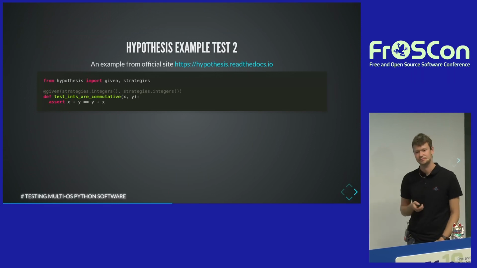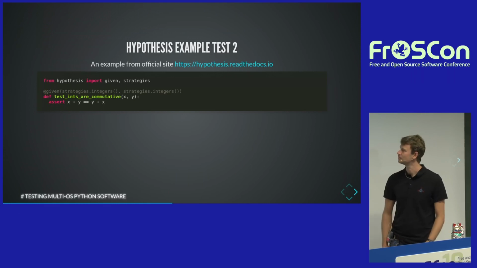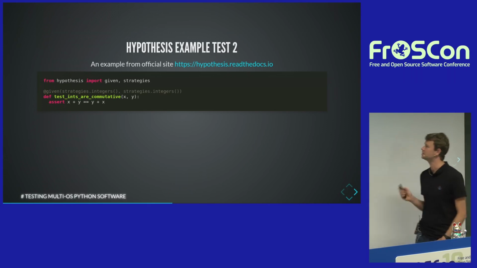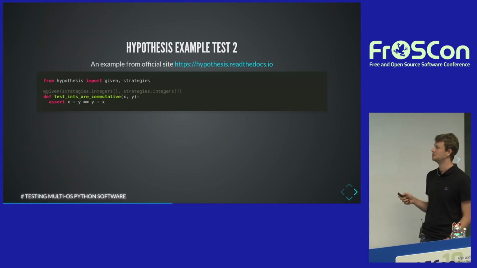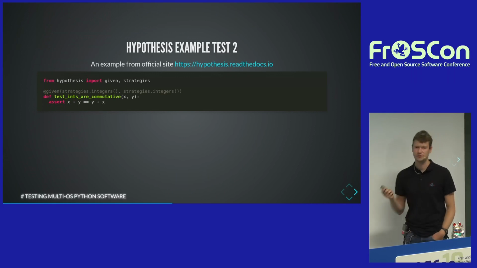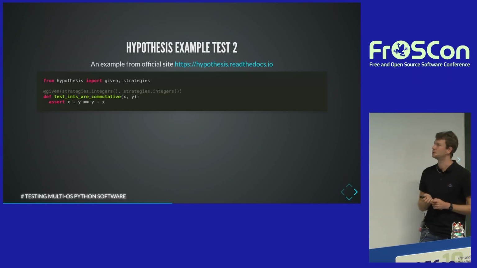If you have floating point numbers and integers together, is it possible to specify those strategies for those? The question was whether you can mix different strategies here, and the answer is yes. I didn't show it in the talk, but you can. You can use any combination of the given strategies, and you can also define your own strategies. You could also create a strategy that would randomly create integers and floats, for example.